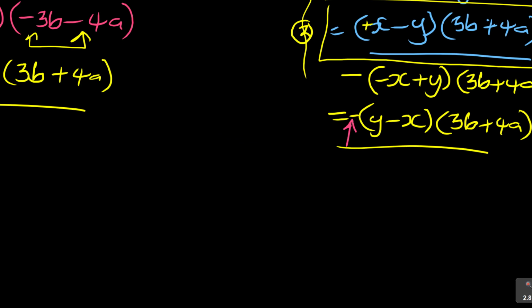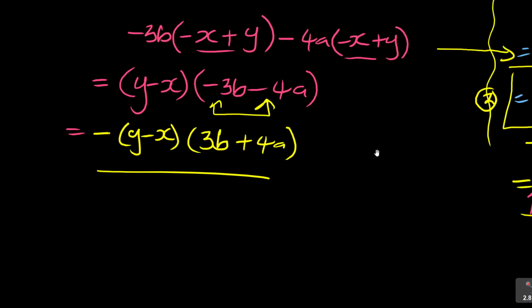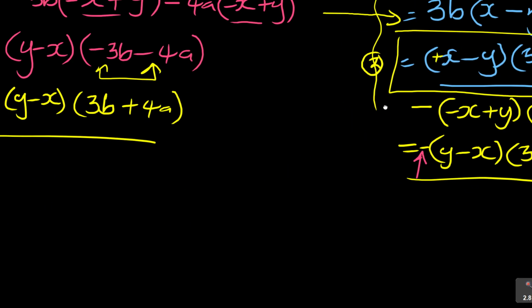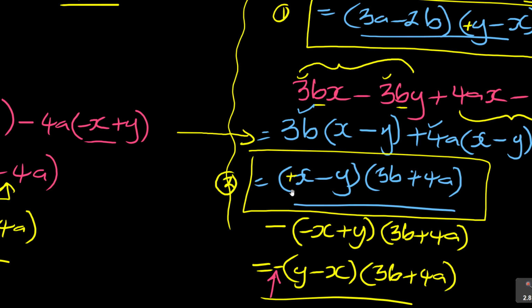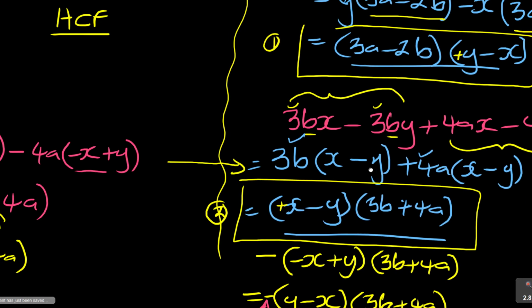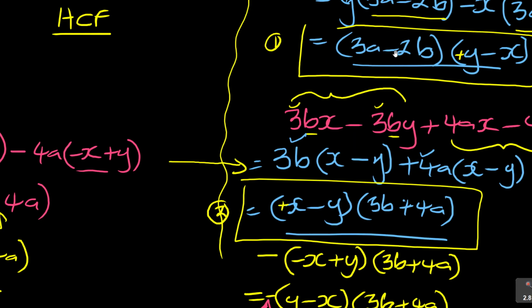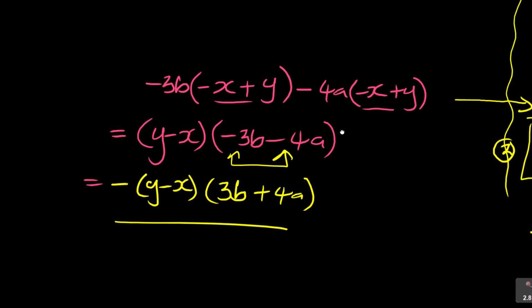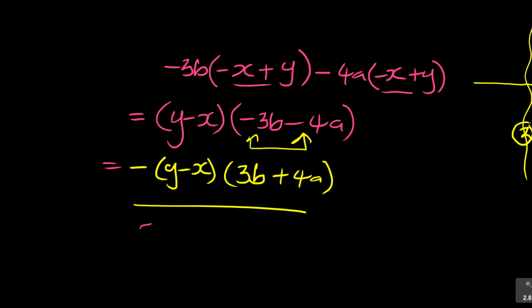You see this? But now, having done that, we can now bring in this guy here. Where is that guy? It was y minus x. This one, because we're looking at this one that we changed. We can bring 3a minus 2b here. The second one, 3a minus 2b.